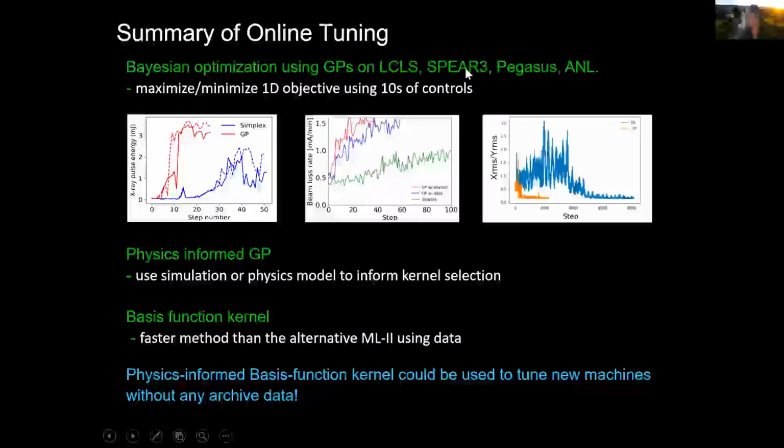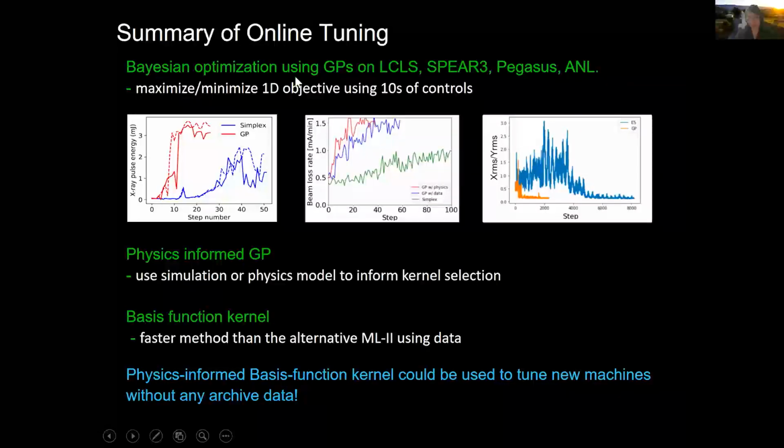Just to summarize this part, we saw Bayesian optimization using Gaussian process on LCLS, SPEAR3, PEGASUS, and ANL, where we maximized or minimized a 1D objective using tens of controls. We saw the physics-informed GP, where we used simulation to inform the kernel selection.